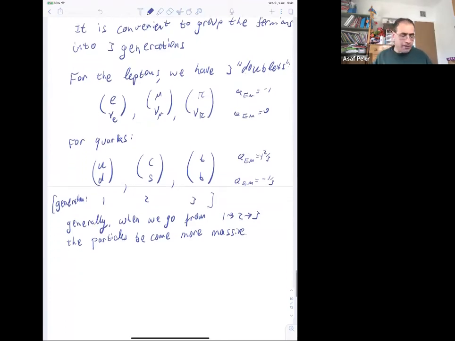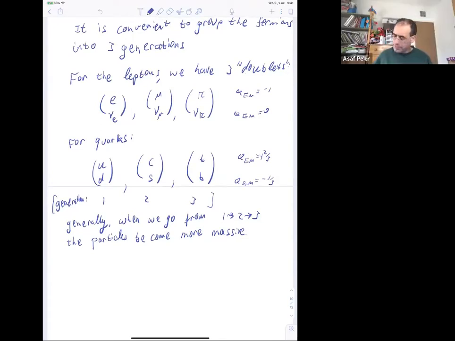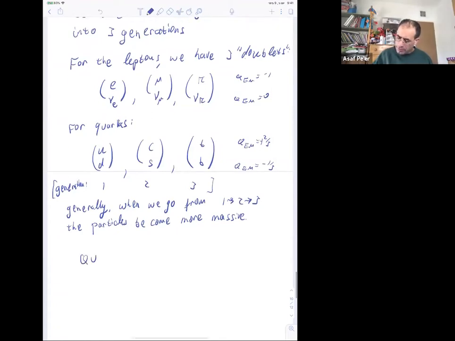Now, experimentally, it appears that quarks never show up as single particles. They exist only in bound states. So let me write it down.